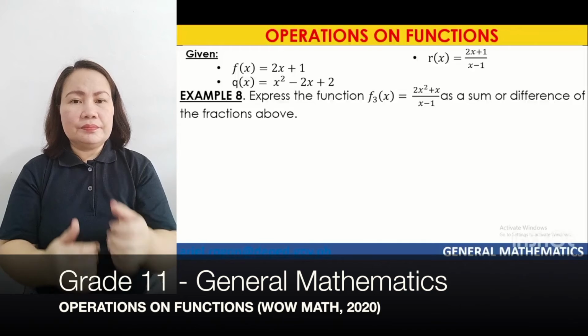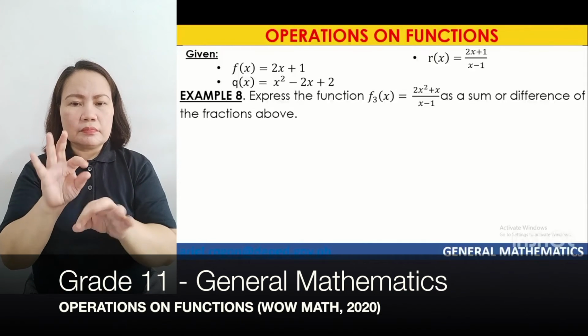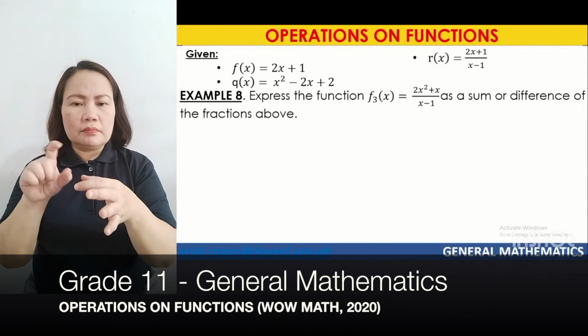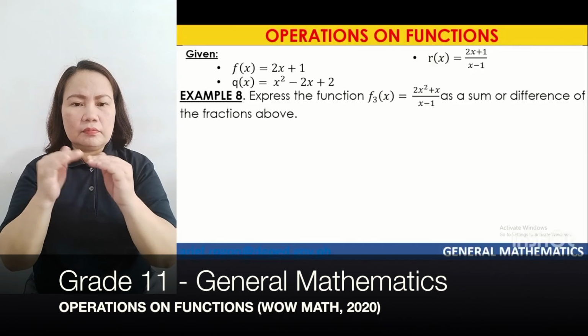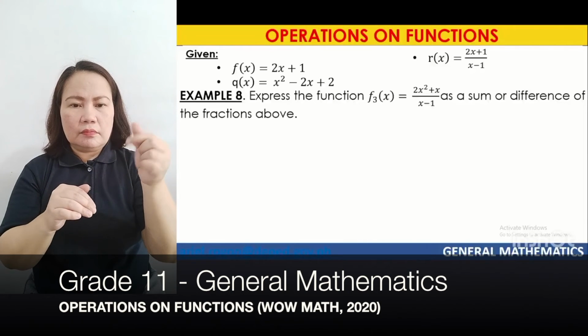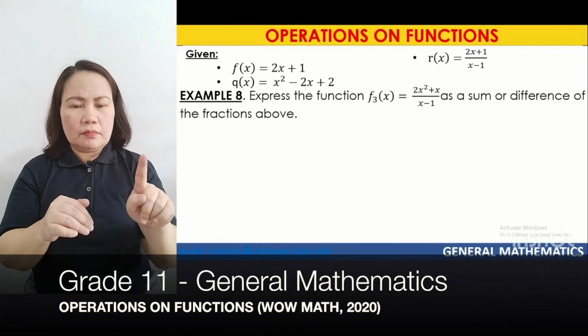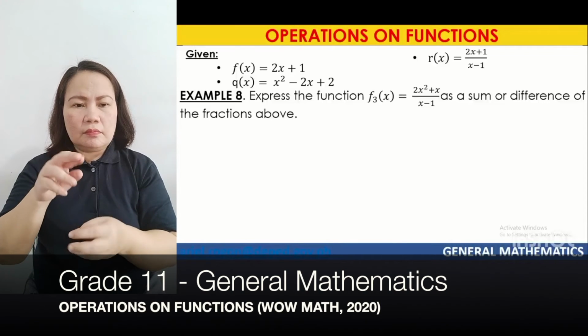Express the function f3 of x is equal to 2x squared plus x all over x minus 1 as a sum or difference of the functions above.